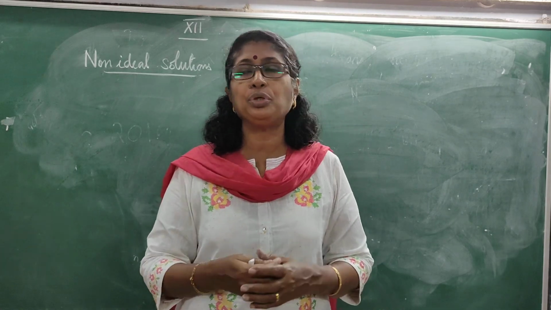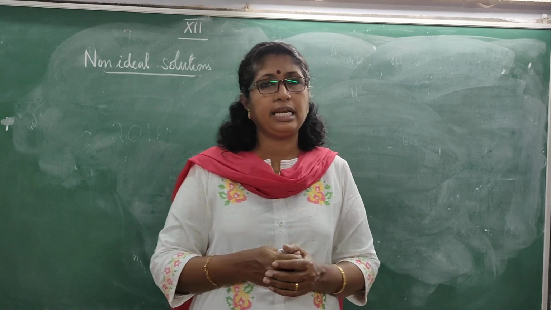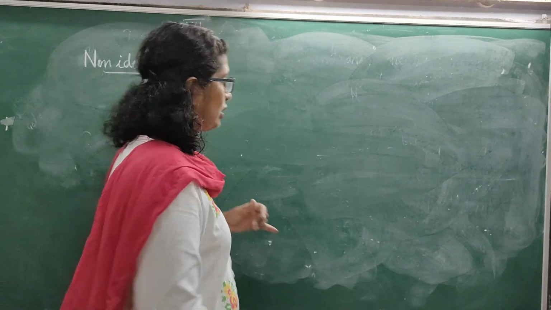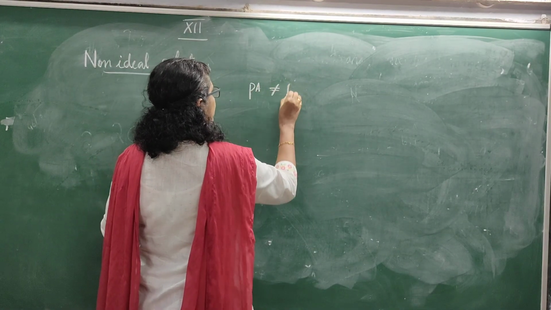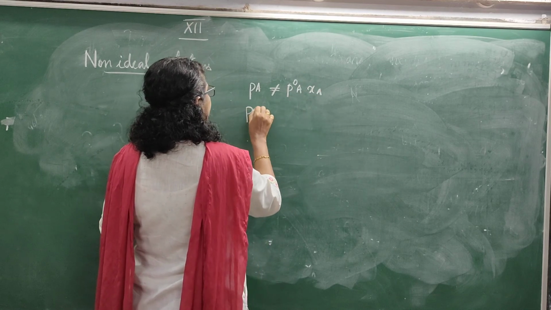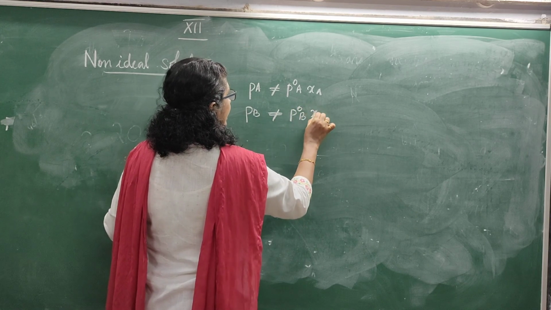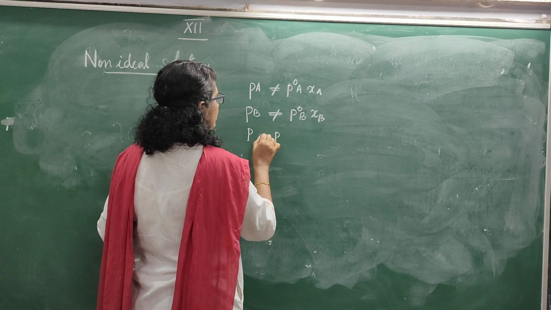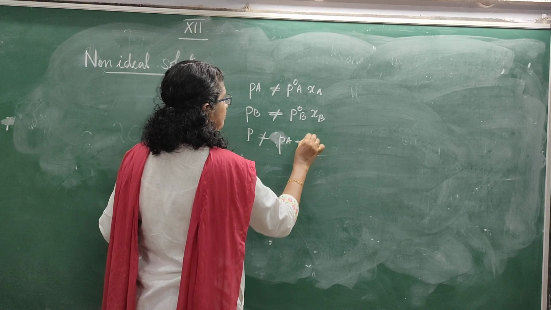Now, coming to non-ideal solutions. What are non-ideal solutions? Yesterday I told you non-ideal solutions do not obey Raoult's law. That is, PA is not equal to P naught A into XA, PB is not equal to P naught B into XB, and the total pressure P is not equal to PA plus PB.